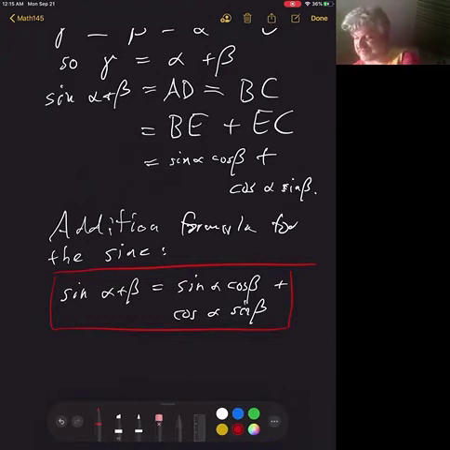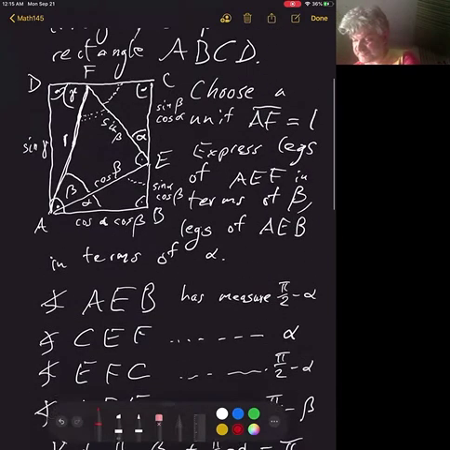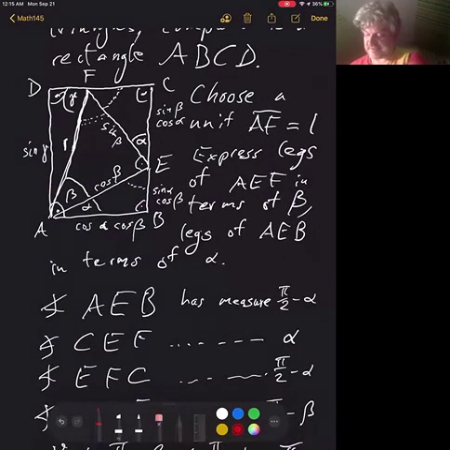Going back to the picture, the cosine of gamma is, of course, DF. Back. DF, that line segment, is the cosine of alpha plus beta.